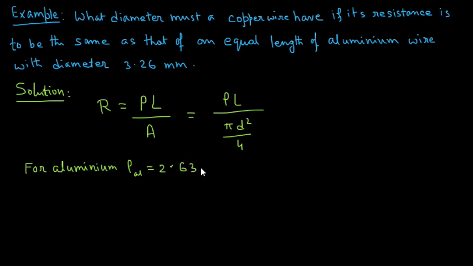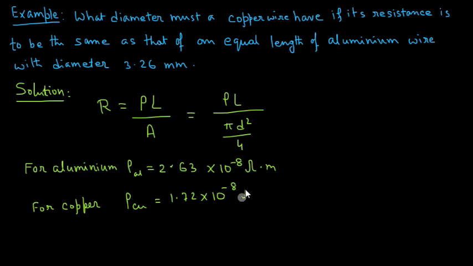It will be given as 2.63 into 10 to the power minus 8 ohm meter. For copper also it will be given, it will be 1.72 into 10 to the power minus 8 ohm meter.